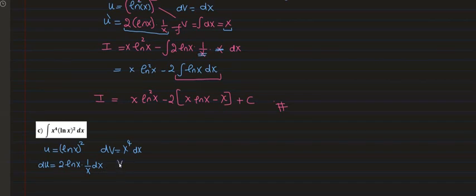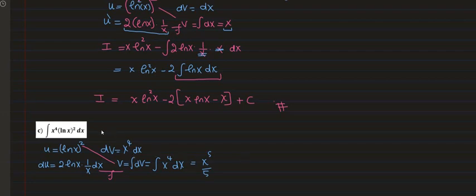Now integrating to obtain the v, the other side is going to be the integration of x to the power of 4 dx, which is simply, the power is not -1, so we add 1 to the power and divide. We don't add plus c because we know that we will use this to rewrite the integral. Now we will multiply the u times v minus the integration of the v du.